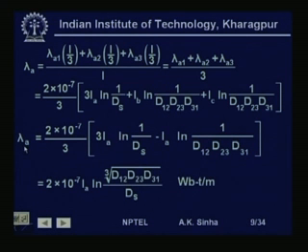Therefore, we can write lambda a is equal to 2 into 10 to the power minus 7 divided by 3 into 3 I a log n 1 by d s.